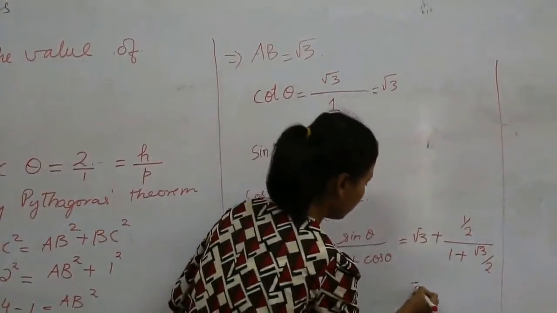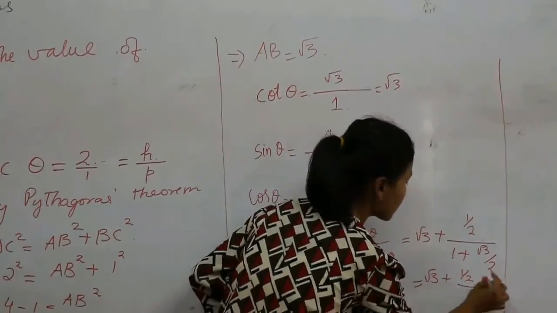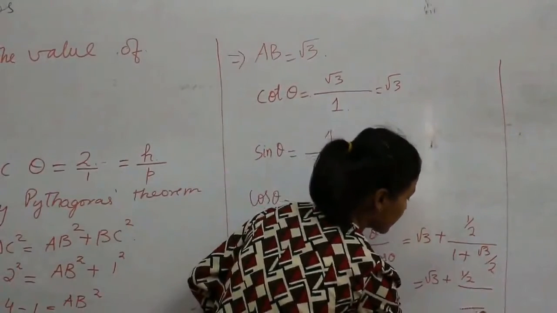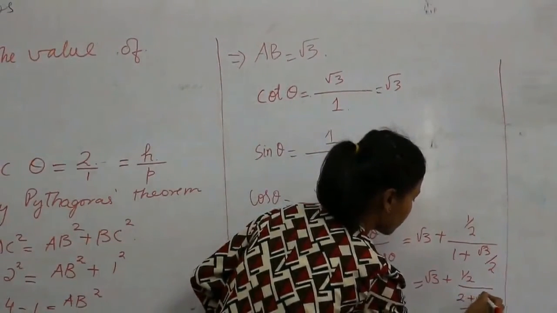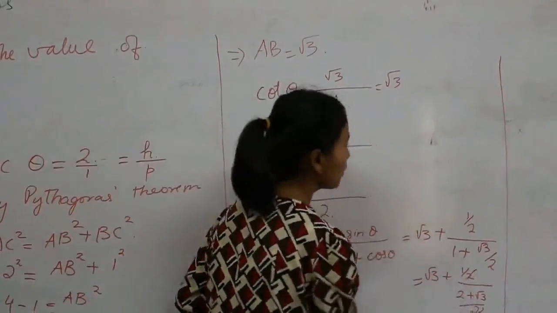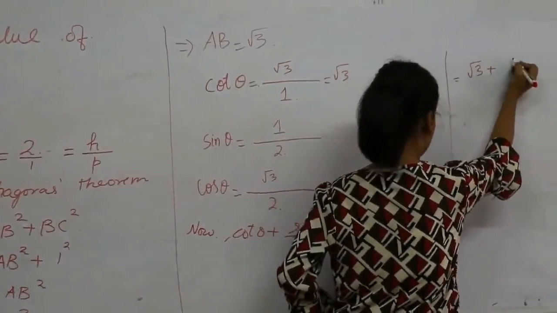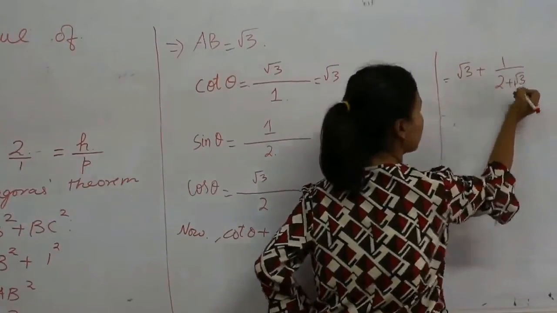Now let's write root 3 plus 1 by 2. Here in the denominator, let's take LCM. The LCM here is 2. So here will be 2 plus root 3. Now 2 cancel. We will get root 3 plus 1 by 2 plus root 3.